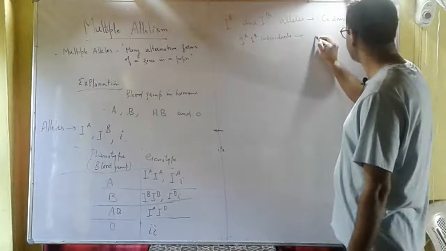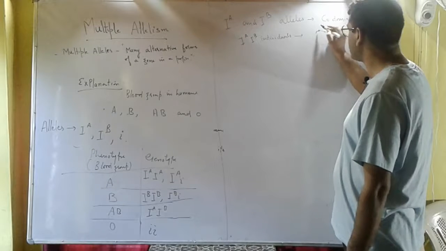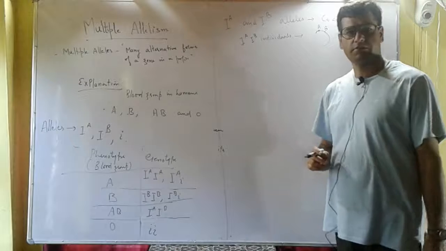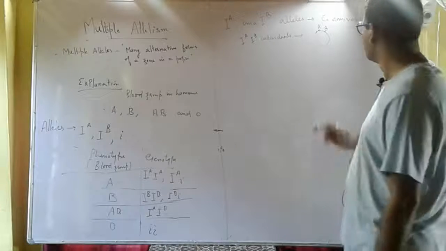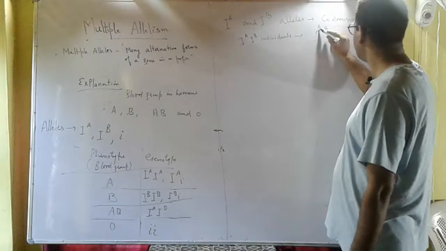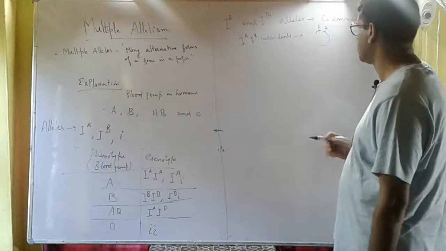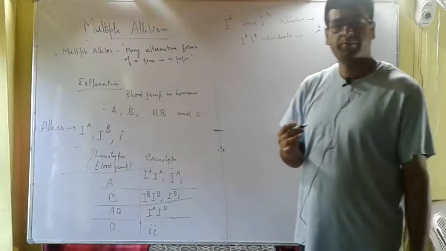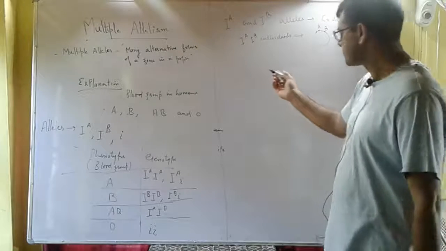That is both A antigen and B antigen on the surface of RBCs, because IA and IB alleles are codominant. So this is a case of codominance.